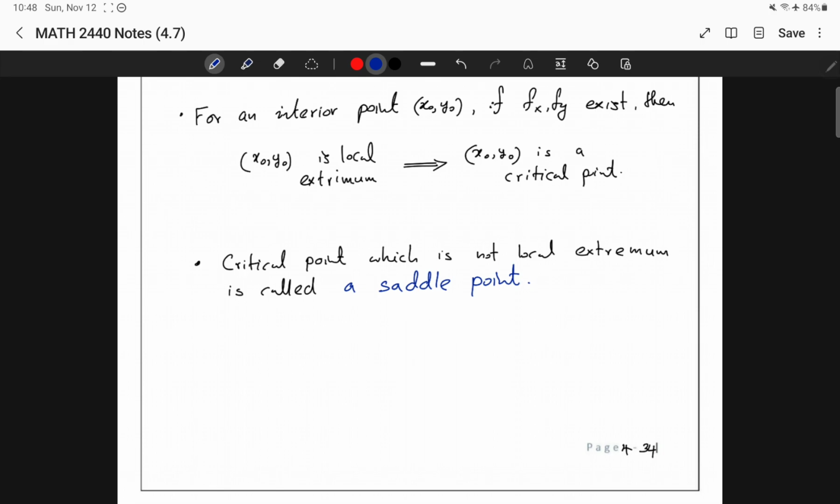Now, it is as the name suggests. So saddle. Think about the saddle of a horse. So the picture will be something like this. So let's say this is the x direction. From the x direction, you see there is a minimum at this place. From the y direction, it has a maximum.